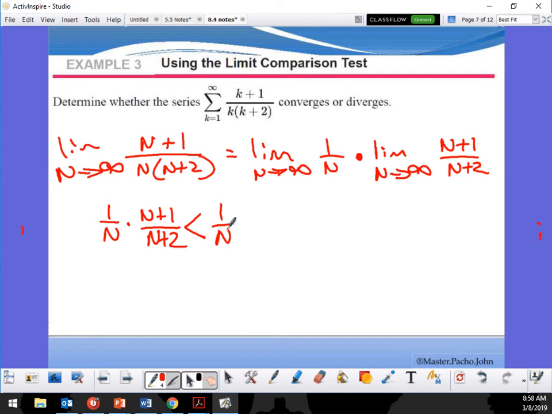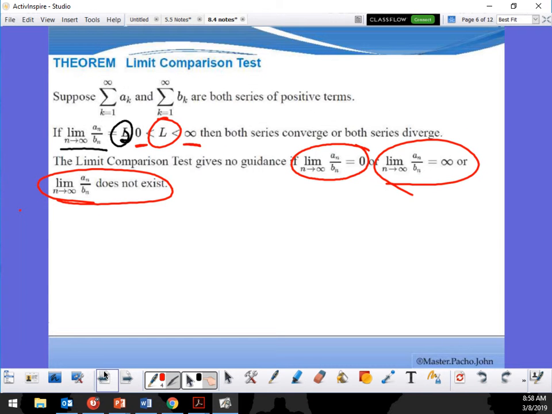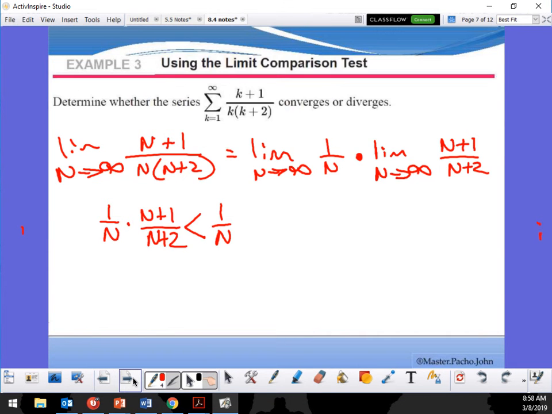Okay, let's take the limit of that. From the 1 over n, as n goes to infinity, what do I get? I get 0, right? So from this one, it's going to give me 0.